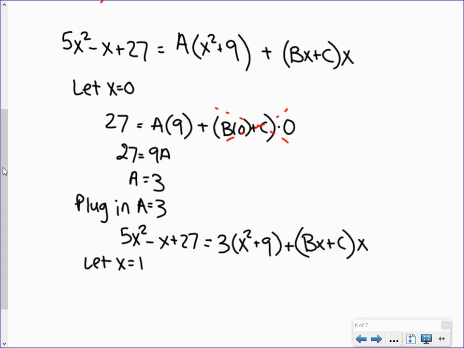So that would be 5 times 1 squared, 5, minus 1 is 4, plus 27 is 31, equals 3 times 1 squared plus 9, so that's 3 times 10, plus b times 1 plus c times 1.